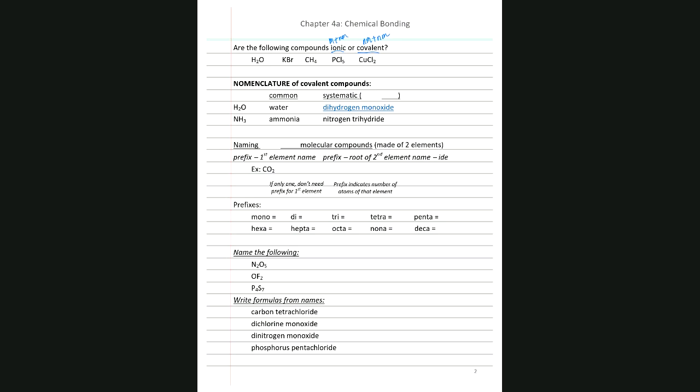So H2O, is that one ionic or covalent? Covalent. Yep. Hydrogen and oxygen are both nonmetals. Even though hydrogen's on the left side of the periodic table, it's that one loner that's actually a nonmetal. What about KBr? Ionic or covalent?